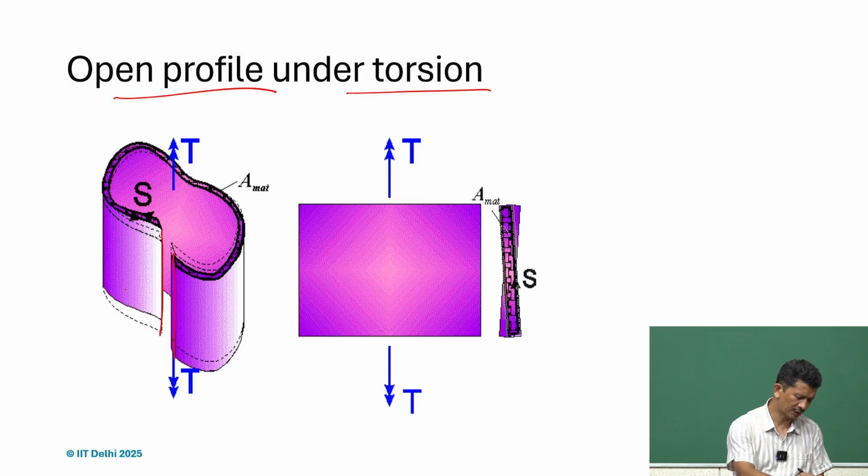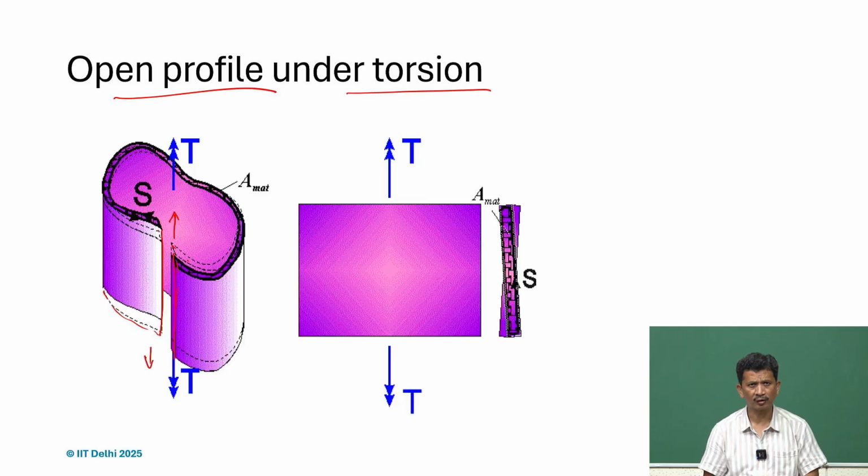You can see that even the edges will deflect. It will not remain in the same plane; the cross sections are not in the same plane.